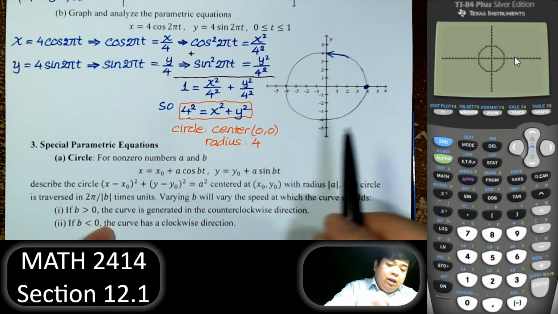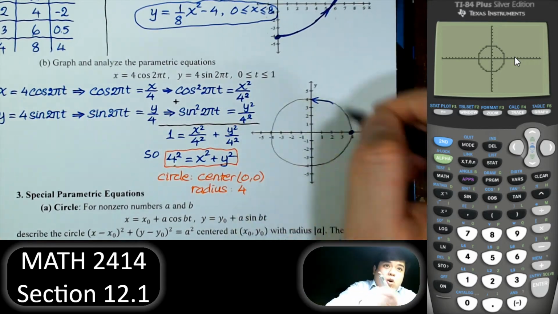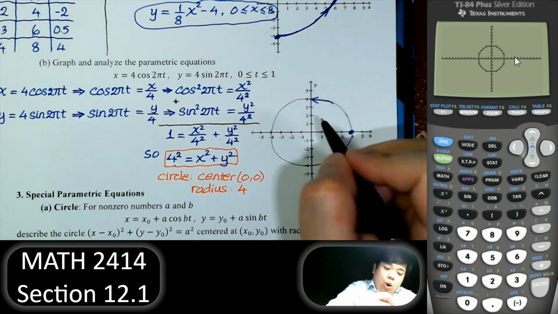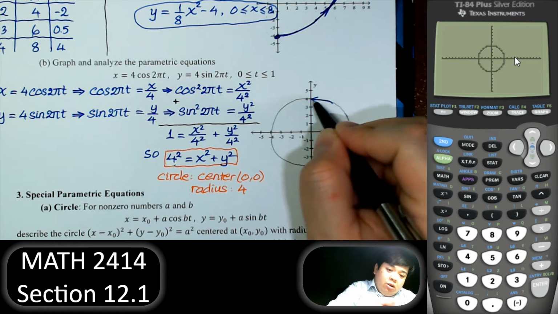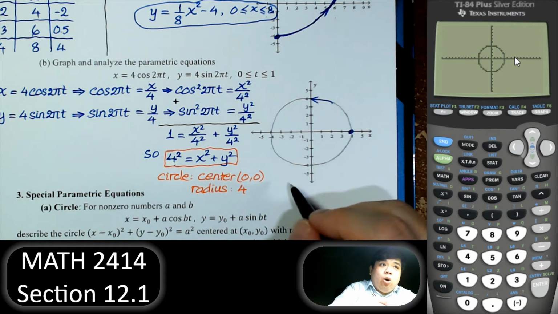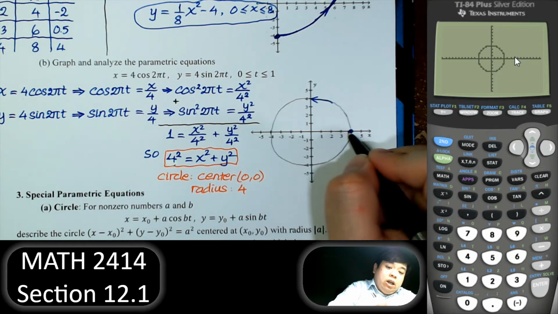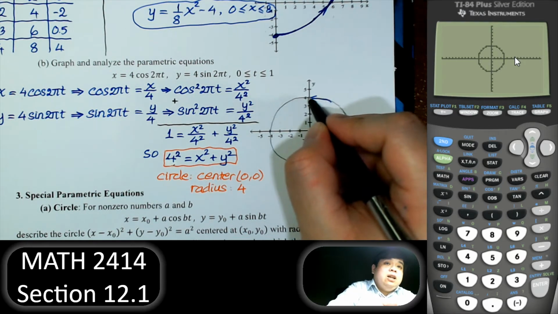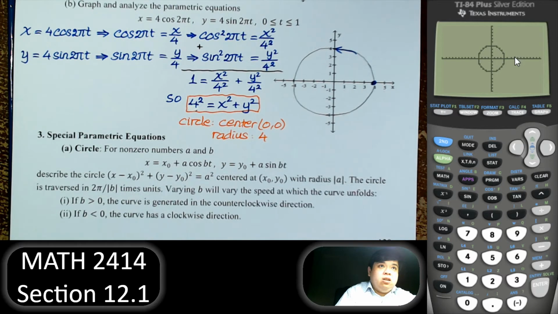Again, if we have a circle, it can go extremely fast or very slow, clockwise or counterclockwise. It can start here or it can start here. So there are three factors: the speed, the orientation, clockwise or counterclockwise, and where it starts.